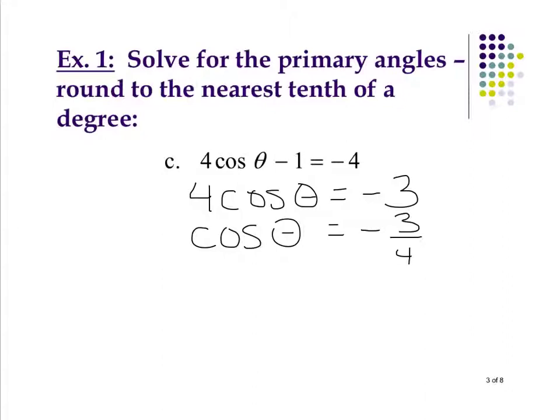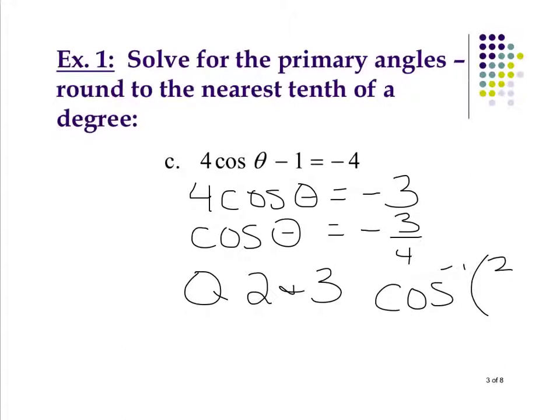Think back to your quadrants. You're going to be in quadrants 2 and 3 because that is where cosine is negative. You'll take the inverse cosine of the positive 3/4 to get your reference angle, and that will give you a reference angle of 41.4 degrees.